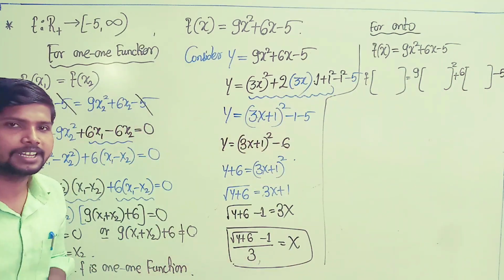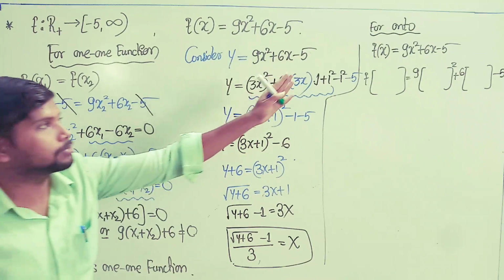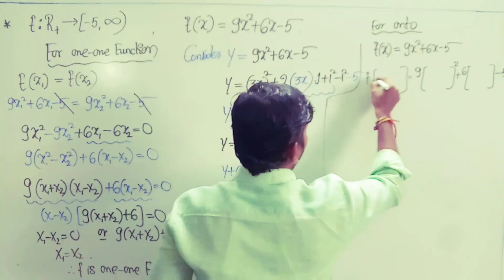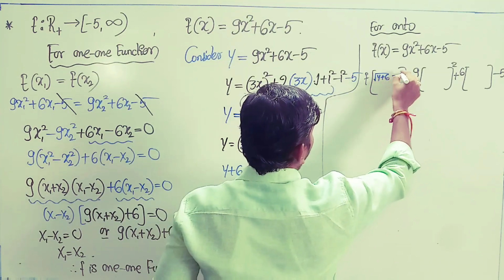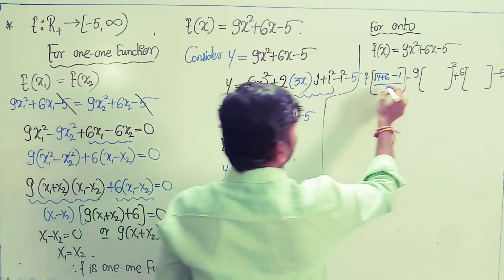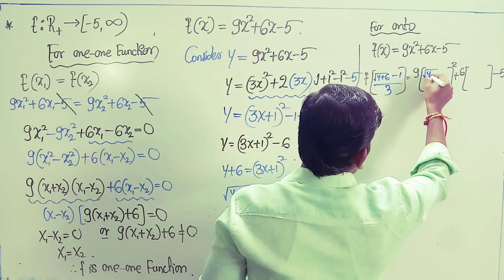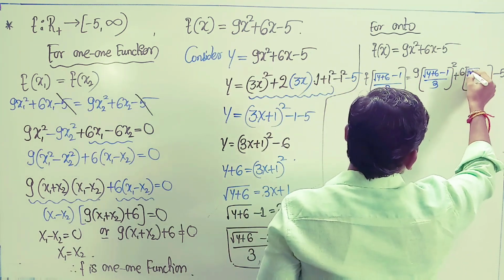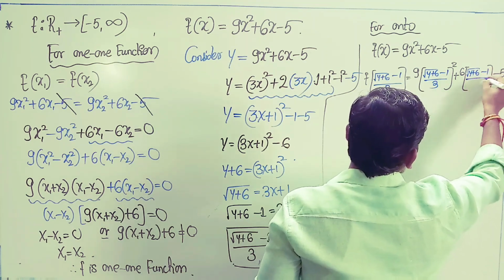Understood the point clearly? Now why did we keep the x space empty? To substitute the value of x here. What is the x value? Square root of y plus 6 minus 1 divided by 3. It will be square root of y plus 6 minus 1 divided by 3.